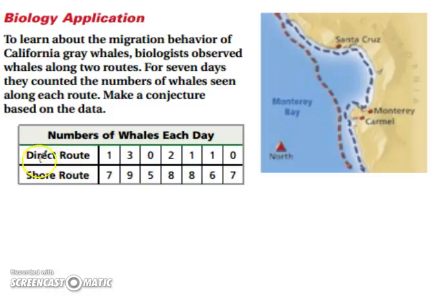Well, if we look at direct route, they saw 1 whale, 3, 0, 2, 1, 1, and 0. Along the shore route, they saw 7 on the first day, 9 on the second, 5, 8, 8, 6, and 7. So you might make a conjecture that more whales are seen along the shore route each day.